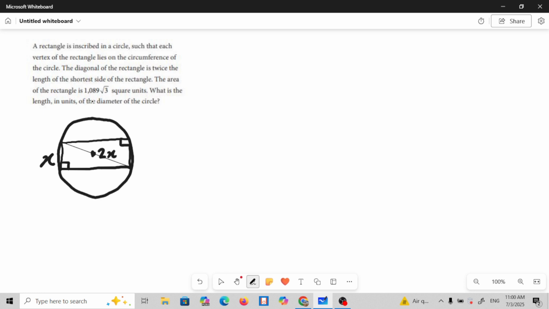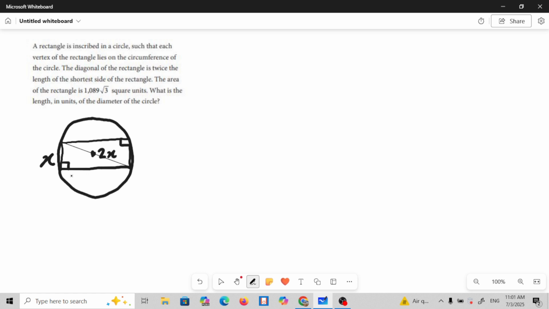We have been told the area of the rectangle is 1089 times square root of 3 square units. Over here, when we drew the diagonal of this rectangle, we split the rectangle into two different right-angled triangles. So the diagonal of the rectangle is also going to be the hypotenuse of each of these right-angled triangles. We have the shortest side right here, which is equal to x.